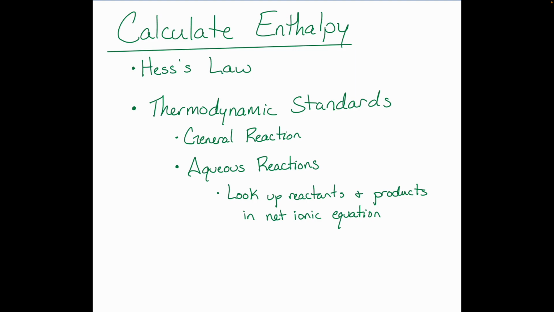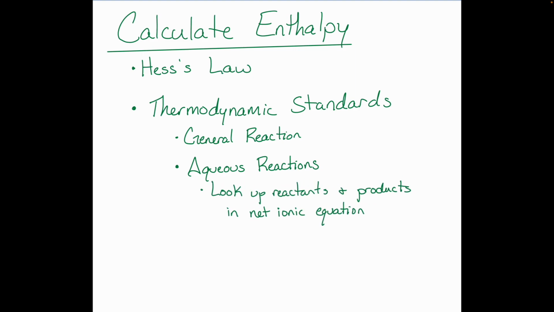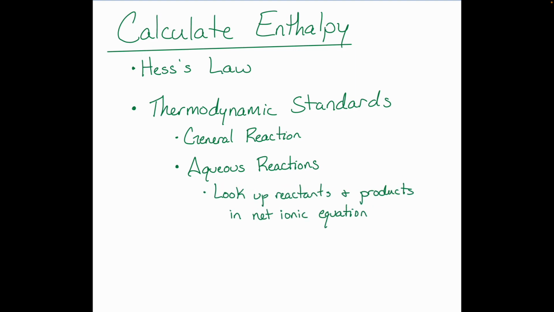For aqueous reactions, we have a little bit more of an involved process where first we have to get our net ionic equation. We're going to leave this for next time because we're not going to rush anything in here. We've got one more method to calculate enthalpy, and that is using what's called bond dissociation energy.